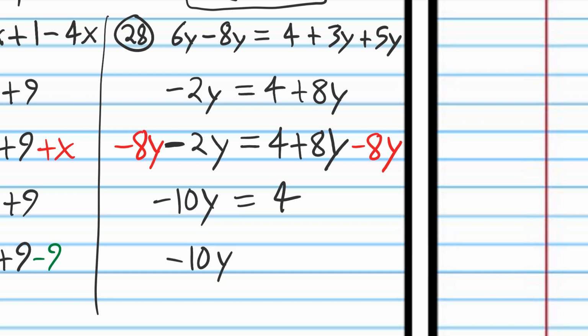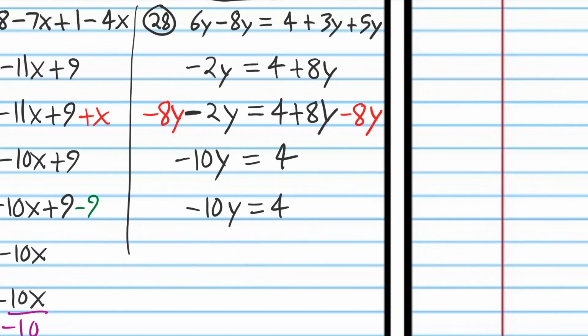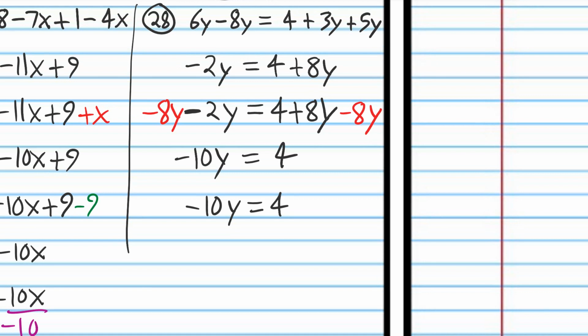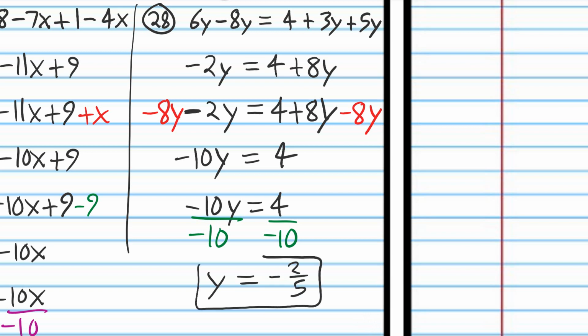So rewrite that because we're about to perform the last operation. Divide both sides by -10. Seems like we're dividing by -10 a lot in these problems. And we get -2/5. So if you got -2/5, good job.